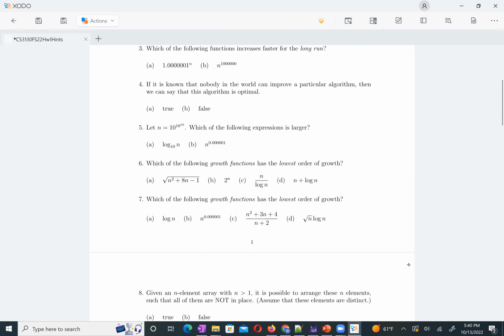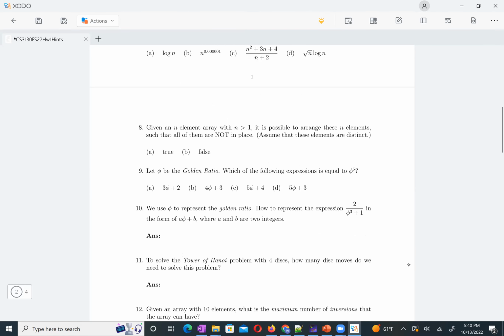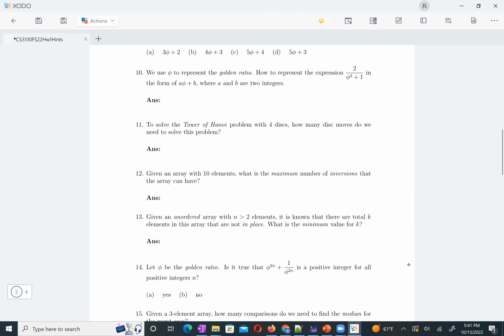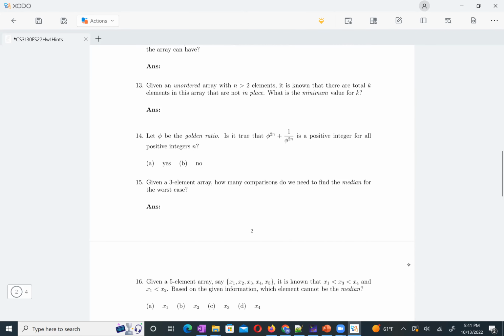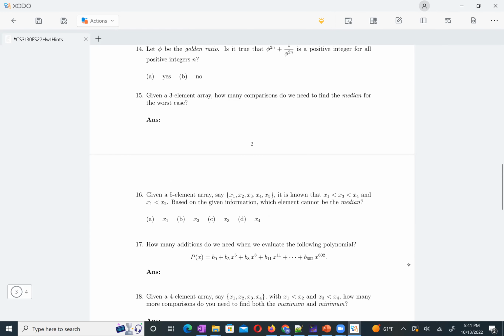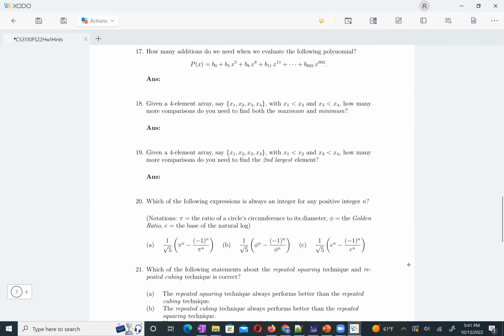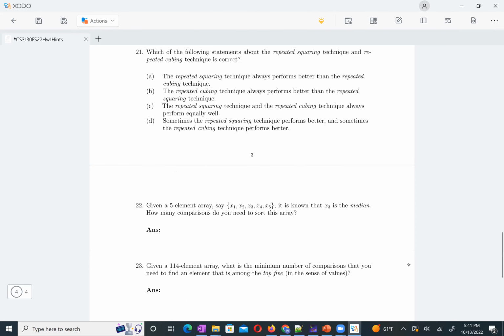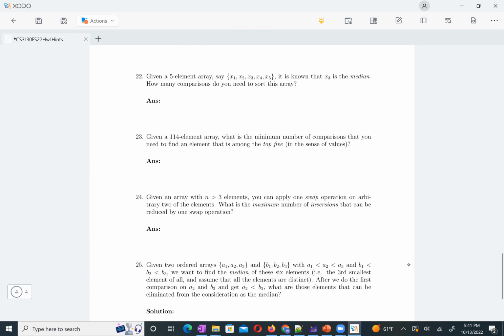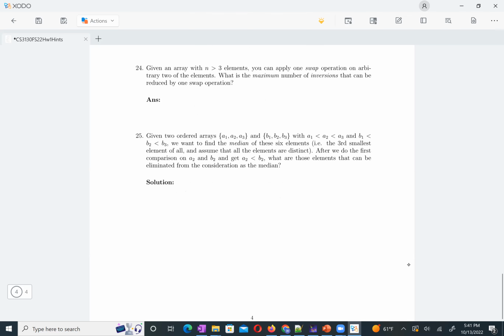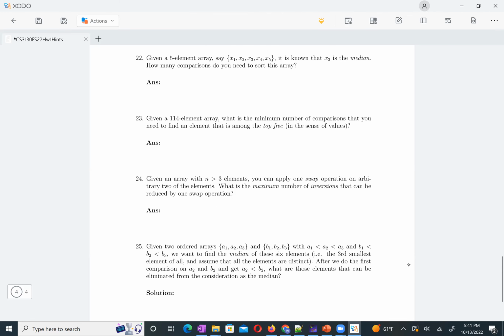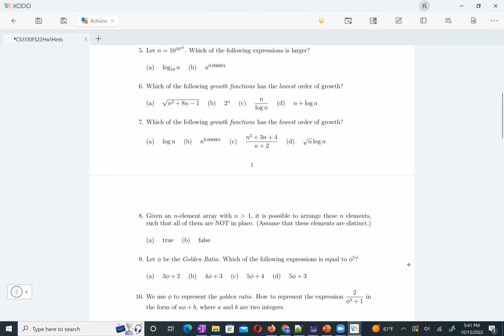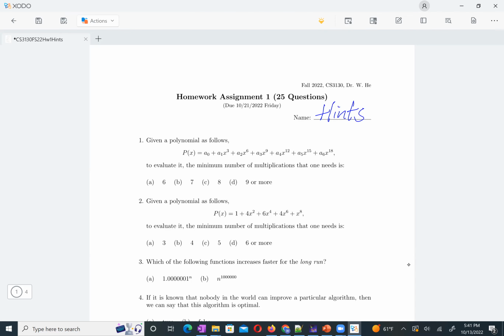Some of the questions you really need to do some good work to solve them. Yeah, and quite challenging. So I hope you spend a lot of time, study the materials and solve them.